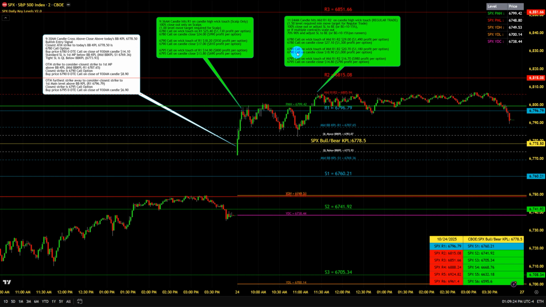Now, a 1.5 level move is the minimum required move for a regular trade as far as either exiting the trade or using one of your other options as far as adjusting your positions and stop losses if you choose to do that instead of exiting the trade at the 1.5 level move in your favor. A 2 level move in your favor is considered the ideal minimum move for a regular trade.